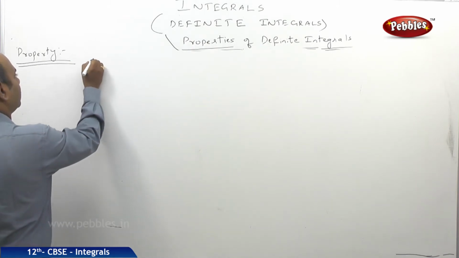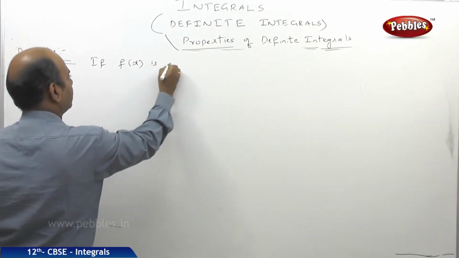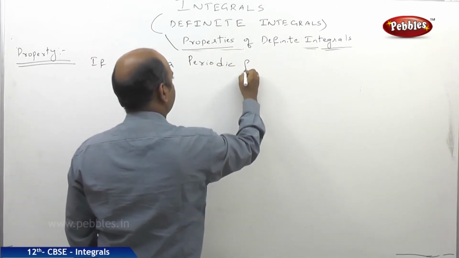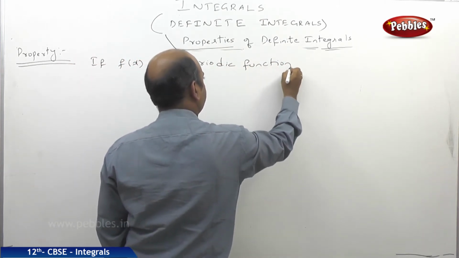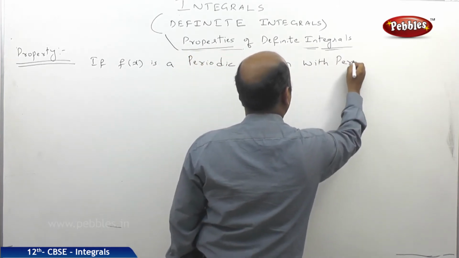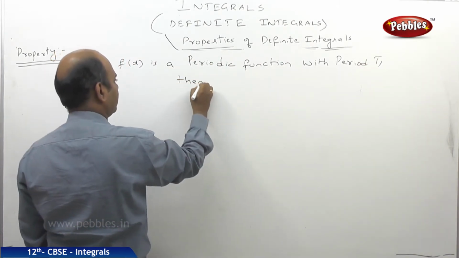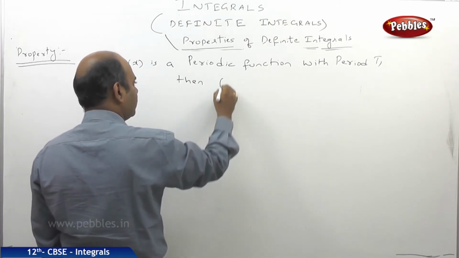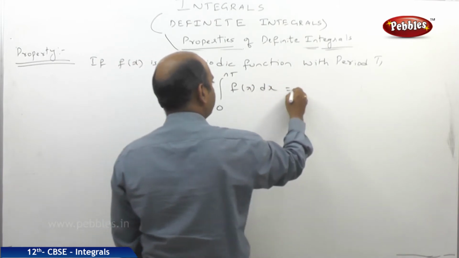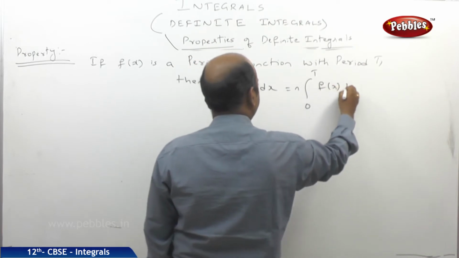The property goes like this: if f of x is a periodic function with the period t, then integral of 0 to nt f of x dx is equal to n into integral of 0 to t f of x dx.